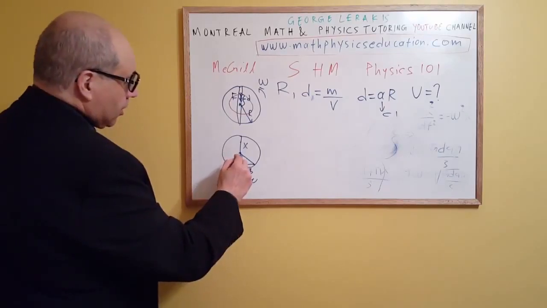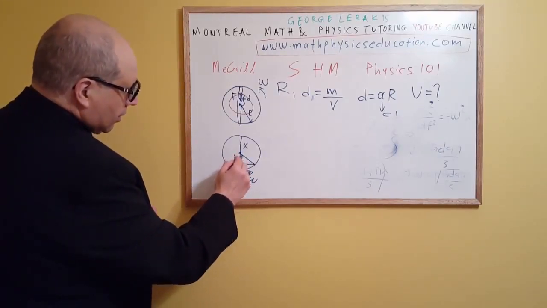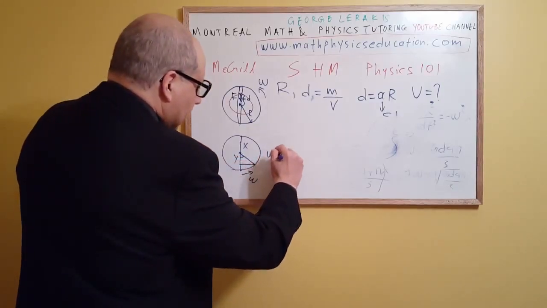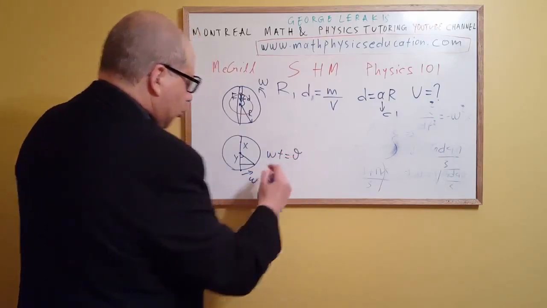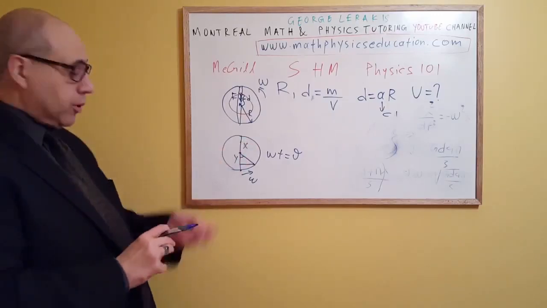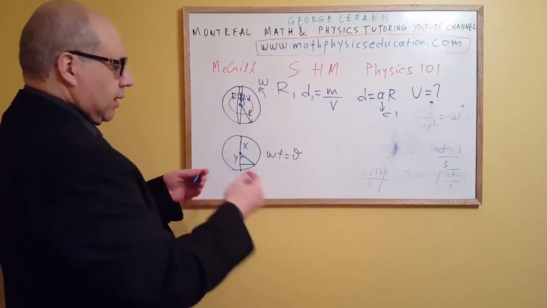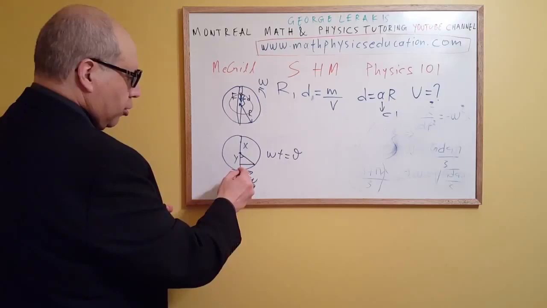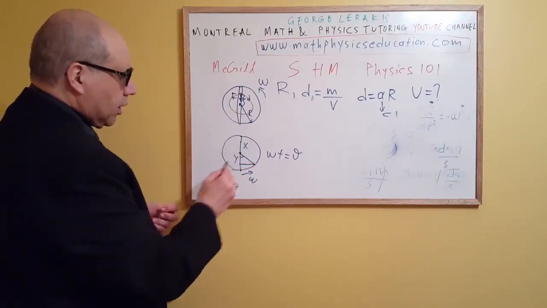If you see from this small triangle, this angle is equal to omega t, so theta is equal to omega t, because this object is moving with a constant angular speed, where t is the time it takes for the object to come here, and we assume that t is equal to 0 at this point.